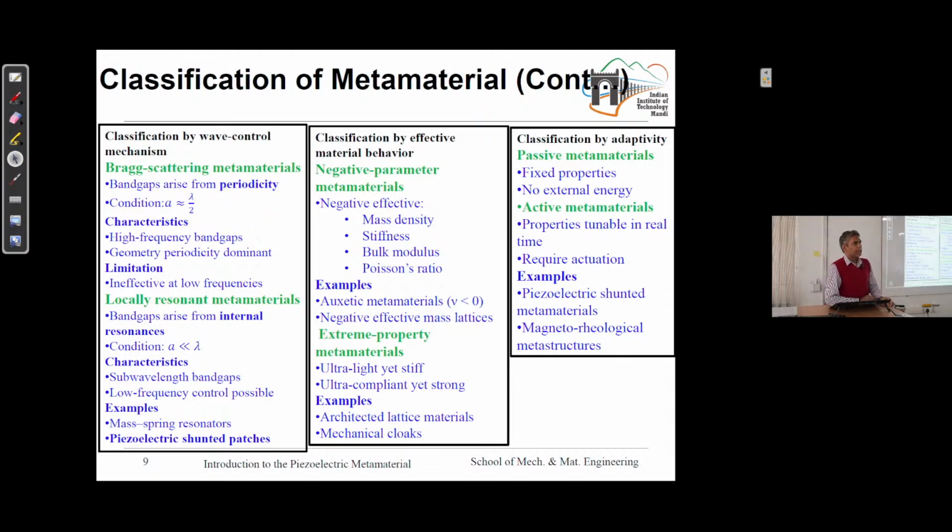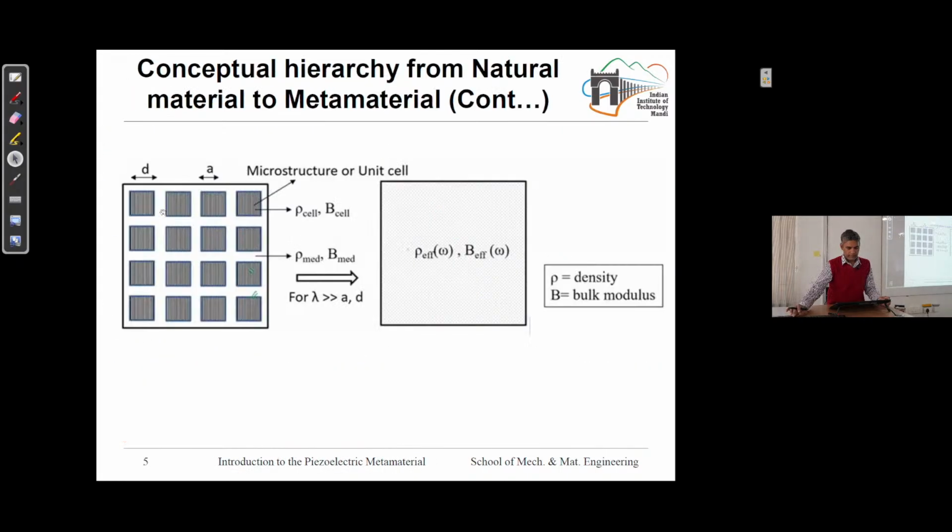This can be done only if we have the size A. Here D is the distance or lattice size, that is, the distance between two meta units or meta atoms.